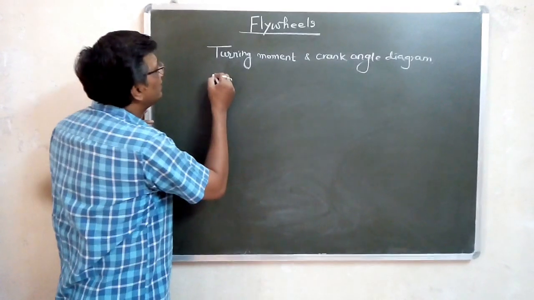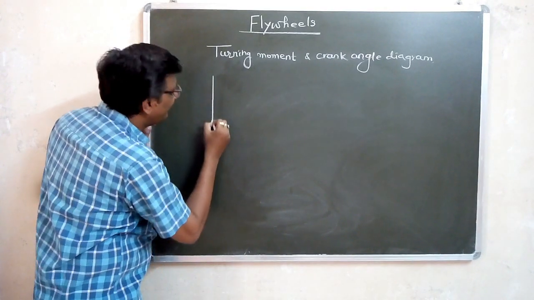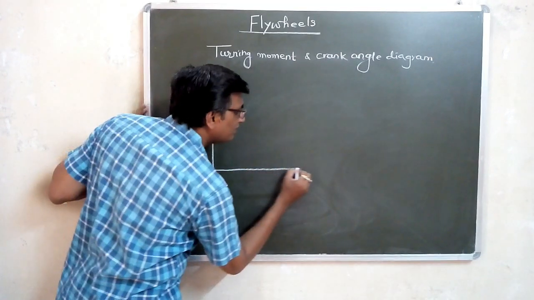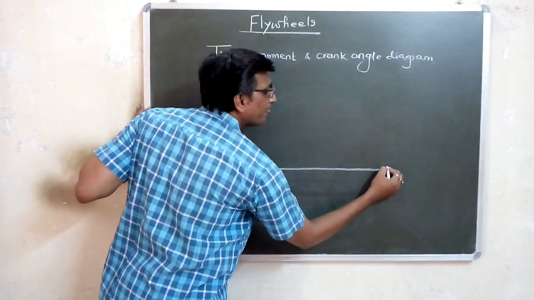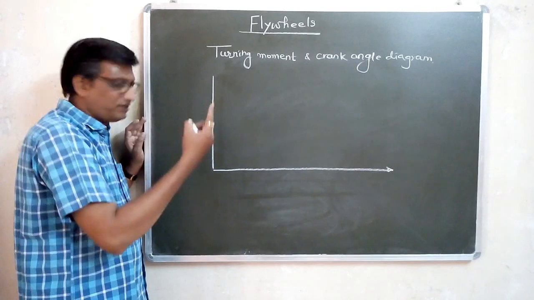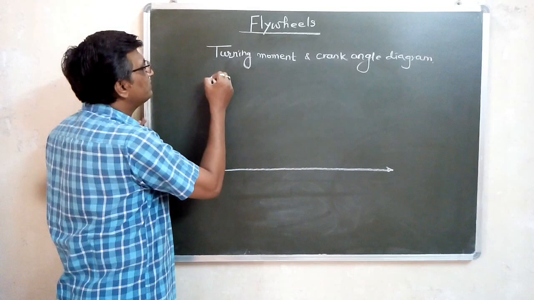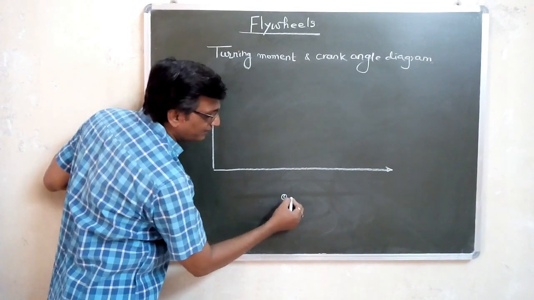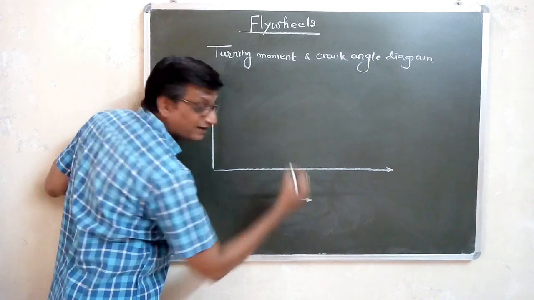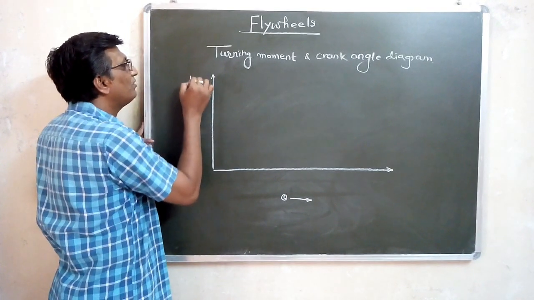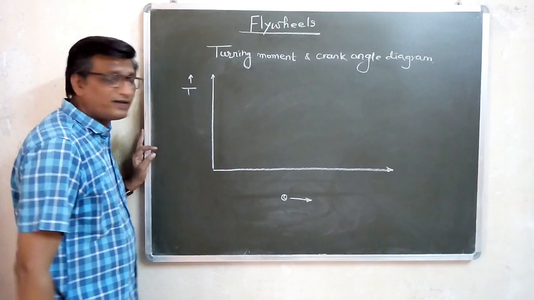So let us draw a T-theta diagram, that is the turning moment and crank angle diagram. This diagram is nothing but the graphical representation of crank angle and torque. Let us say the crank angle theta is on the x-axis and torque T is on the y-axis.